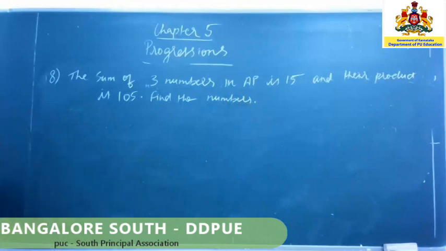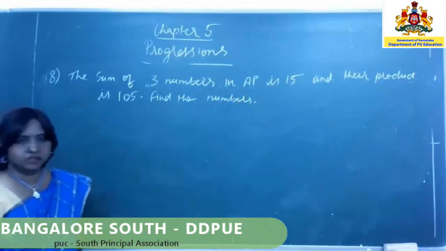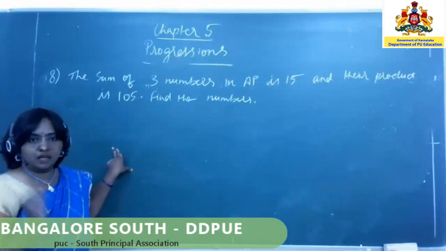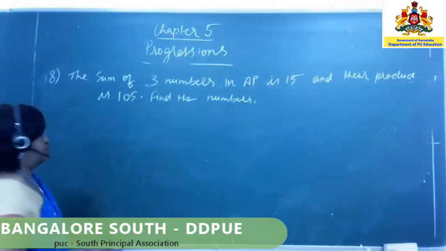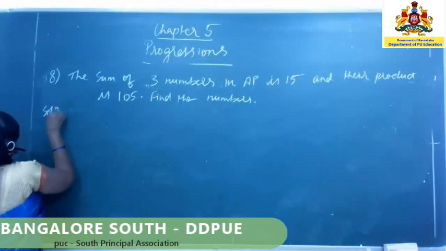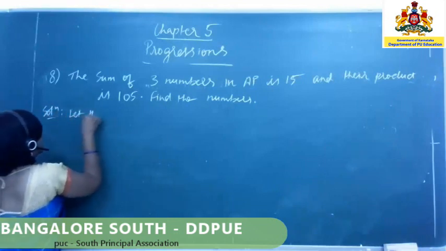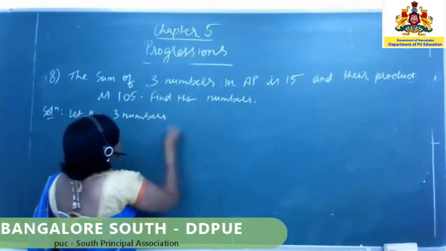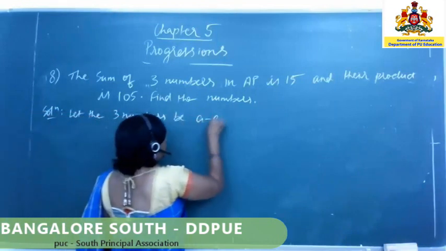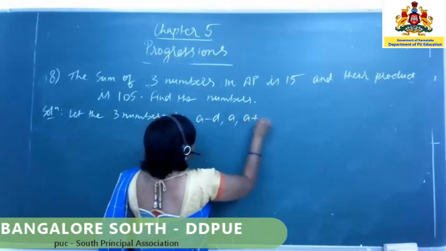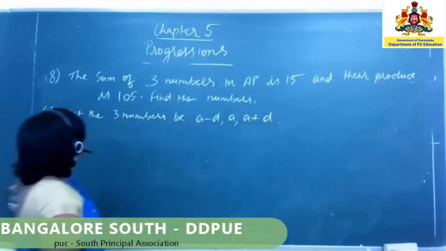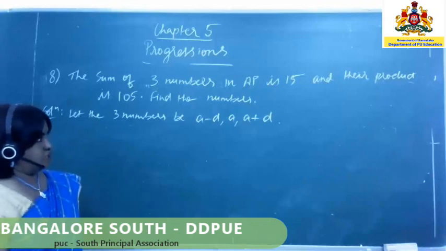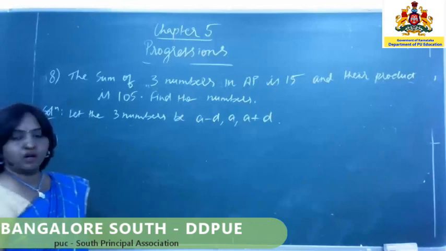So when they ask you to find the 3 numbers in AP, then you should take the three numbers as a minus d, a, a plus d. Let the three numbers be a minus d, a, a plus d. They have given the sum of three numbers in AP is 15 and their product is 105.